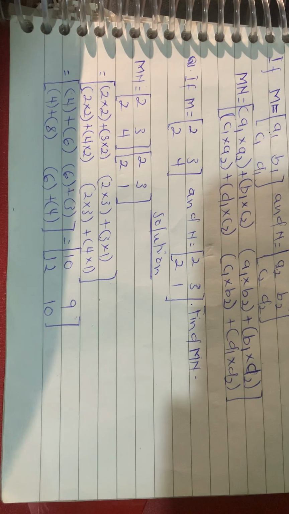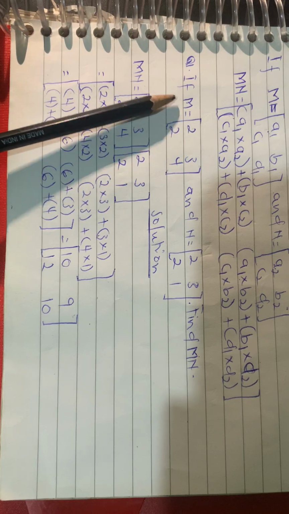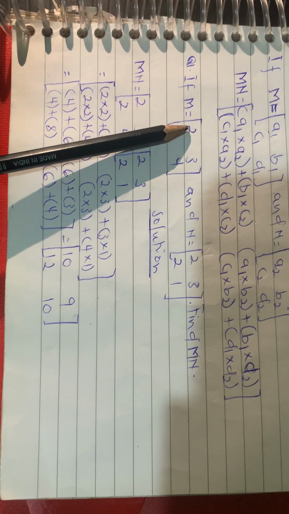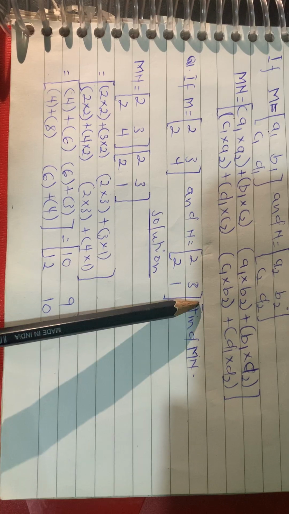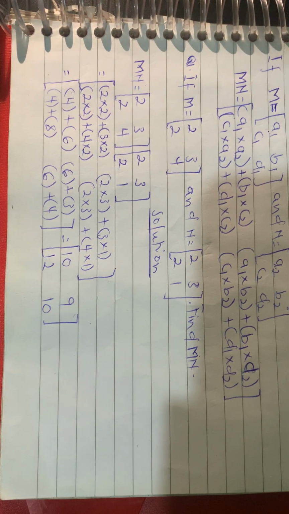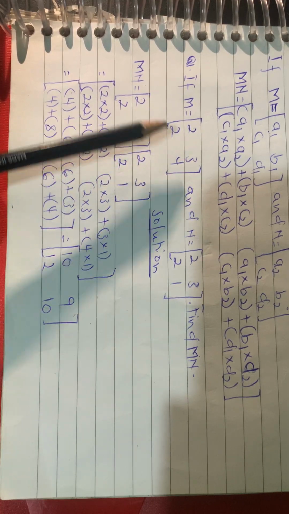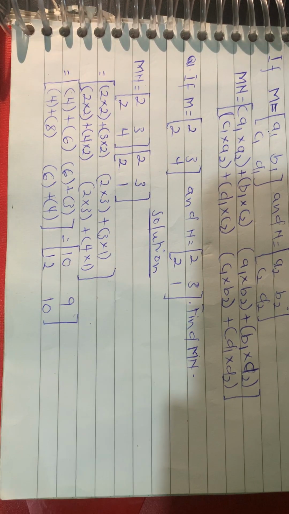Now let's solve the question. So we are saying that if M is equal to [2, 3; 2, 4] and N equals [2, 3; 2, 1], find MN. So how do you find MN?